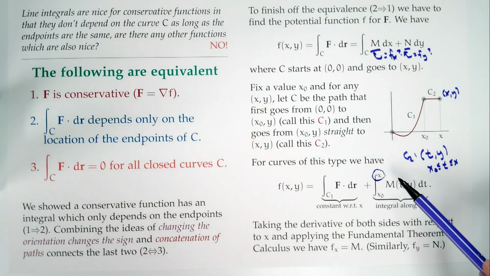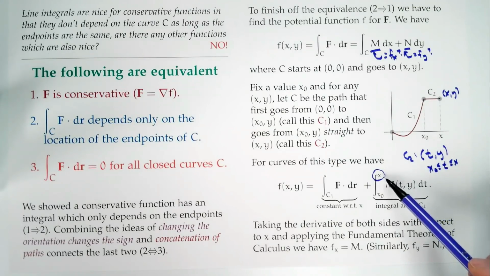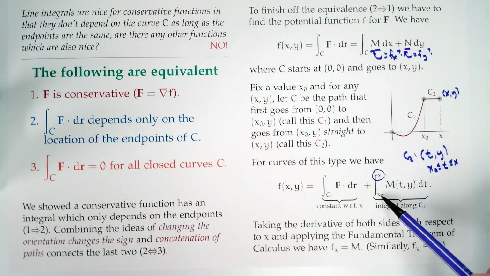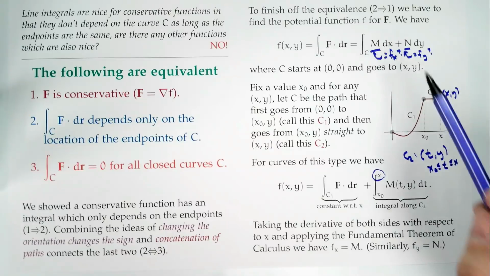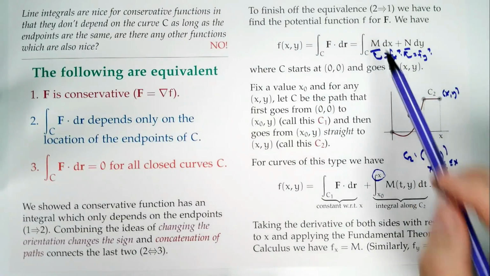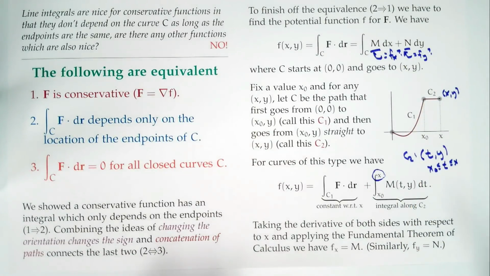Now, use the fundamental theorem of calculus. The derivative with respect to x of the integral from some constant to x of f of t dt is f of x. It's that function when you plug x in. So that means we're going to get m. So from f sub x, we get m, which means that f sub x is m. And similarly, f sub y is n. So that's it. That's how it works.